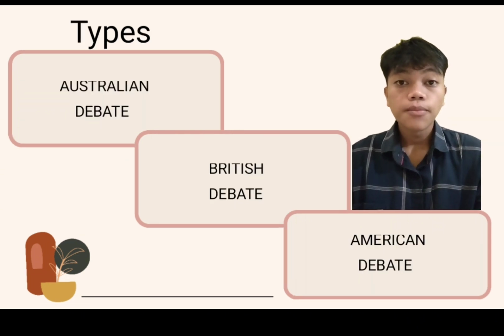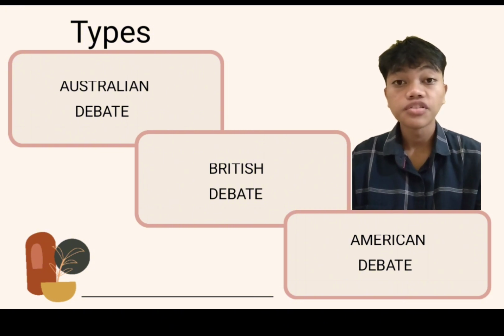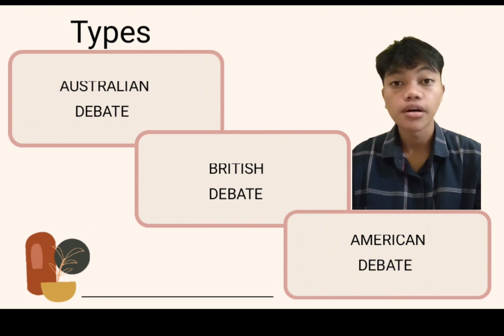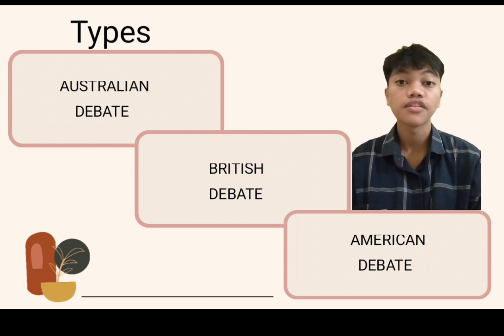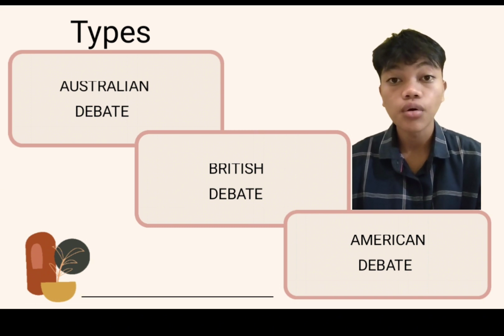There are many types in English debate, including British parliamentary debate, Australian parliamentary debate, American parliamentary debate, and etc. But in my video, I will explain the American parliamentary debate.